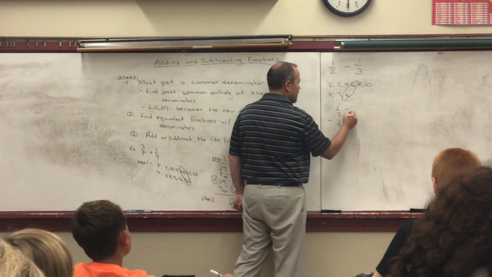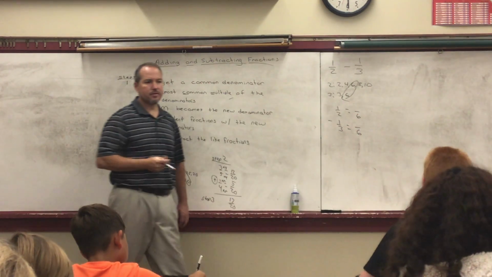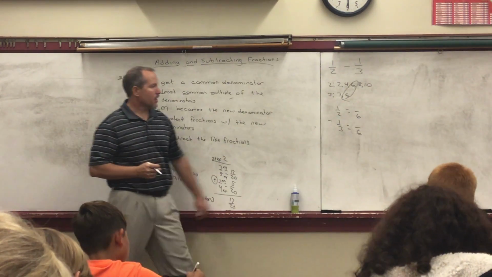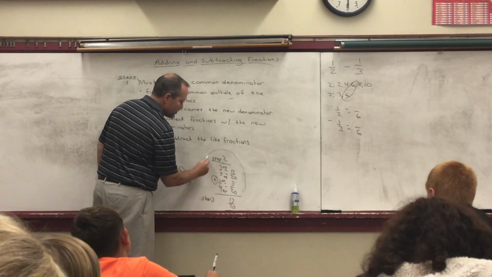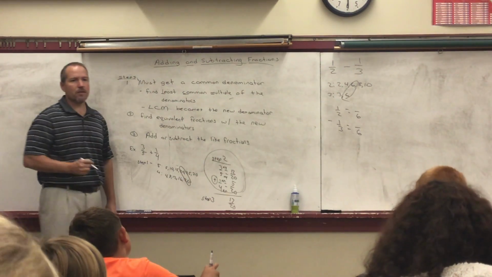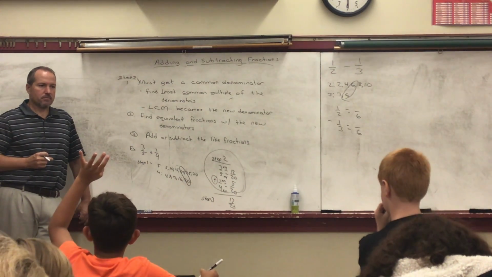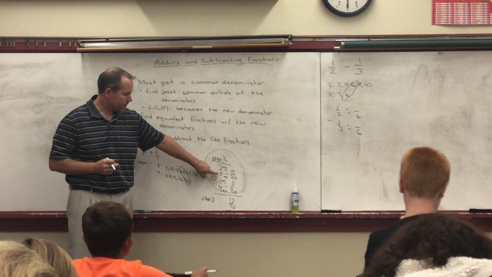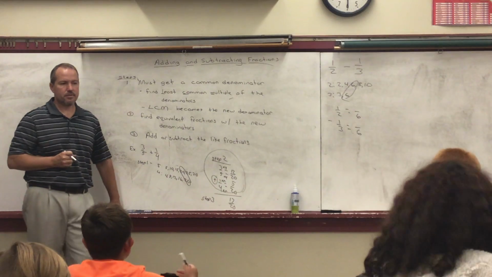So we're going to put equals something over 6 minus something over 6. Now, I want you to do just like we did here. I want you to get the equivalent fractions, just like we did here, Fabian. You're going to do the same thing on yours.